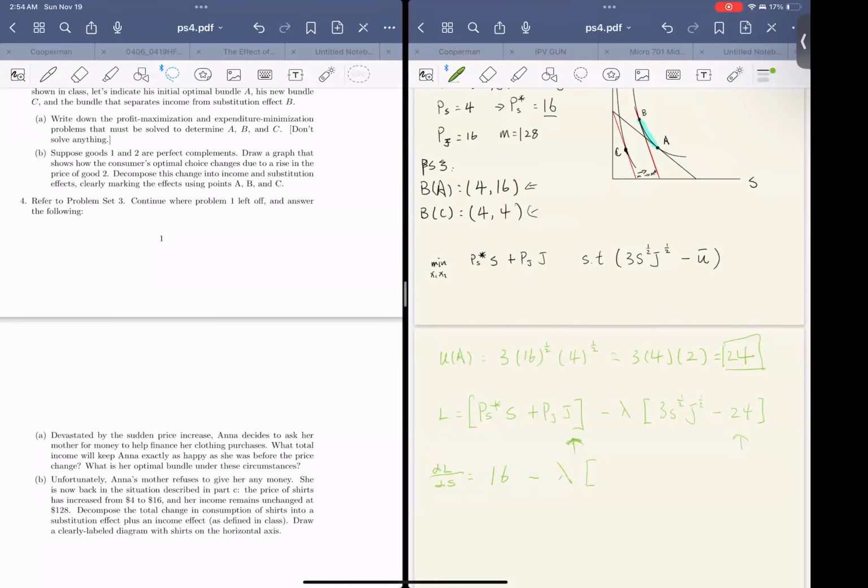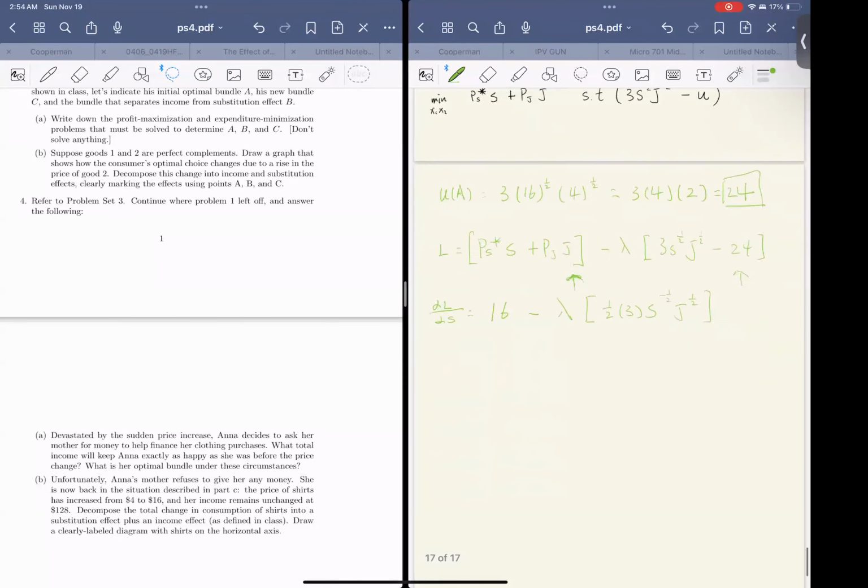Okay, not too bad, not too bad. I thought it was going to be terrible. Jeans, 16 minus lambda.